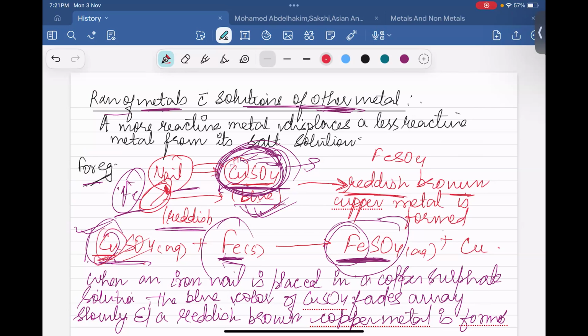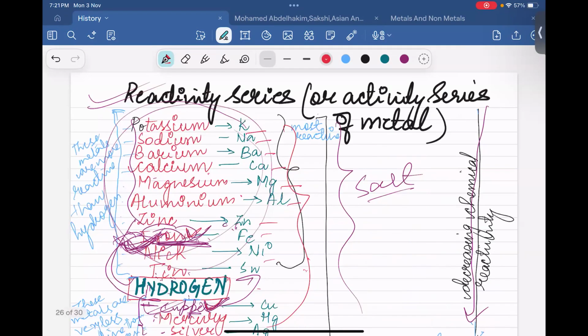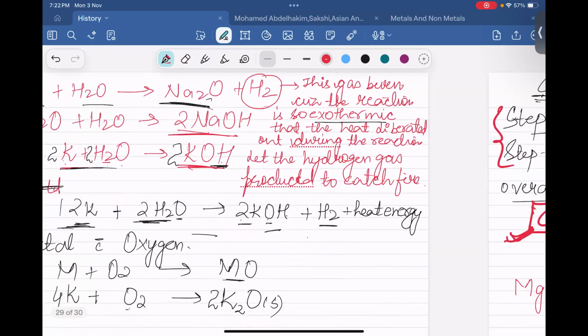Might be some other teacher gave you some other metal, some other oxides, or some other solutions. Then how will you do it if you do not remember this table? Got it? So try to learn this.